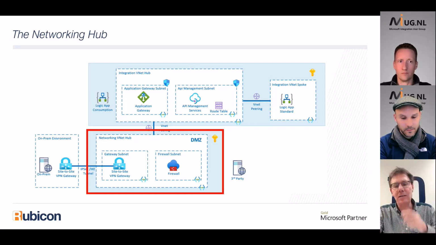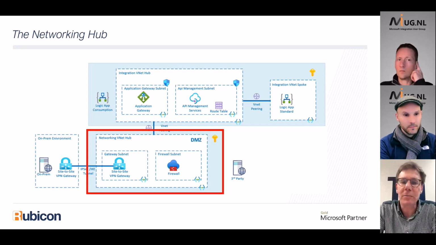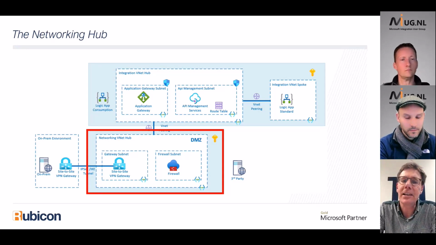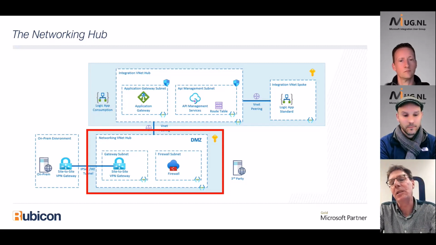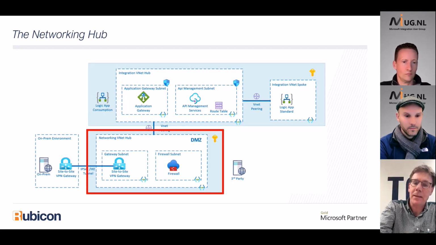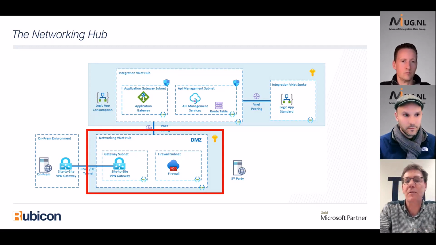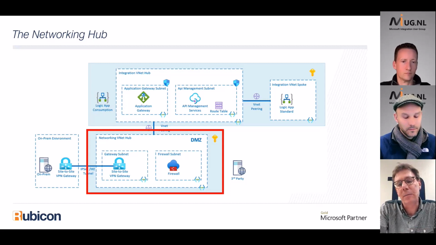And the final part that I also need to mention is the route table that I added next to API management. The route table actually makes sure that when I make a call from API management to an on-premise API, I define a user-defined route via the firewall. So all traffic to on-premise must go via the firewall. And I saw this, for example, at Volker Wessels.